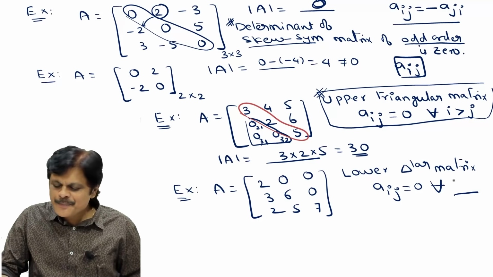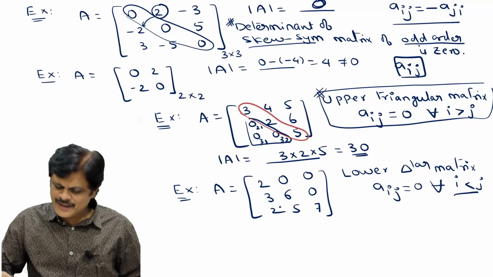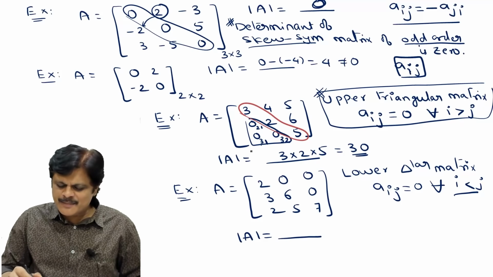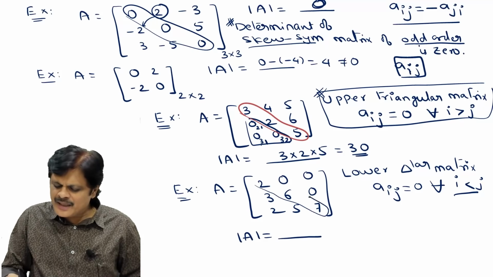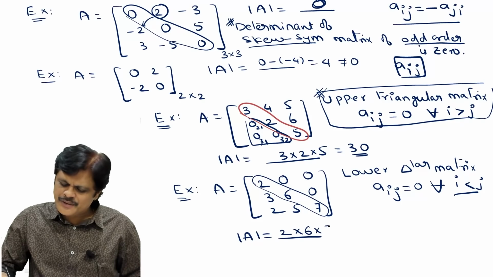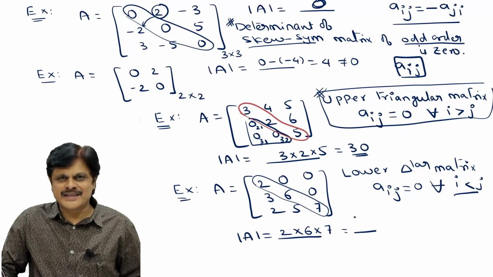What is the condition? i less than j. Simple. And for this lower triangular matrix also the determinant is simply the product of the main diagonal elements. That is 2 into 6 into 7. Okay, please write the answer.